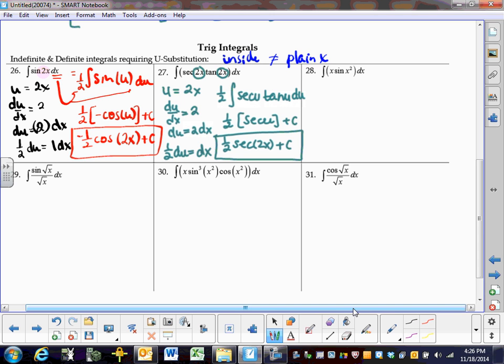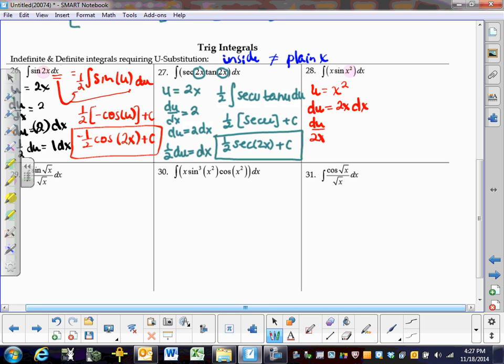So again, notice what's inside is what's composited inside of another function. And sine of x is actually holding on to that x squared. So my u is going to be x squared. Du is 2x. And I'm going to go ahead and kind of skip a step and multiply that dx up there. So that means that du over 2x is equal to 1 dx. Remember, I'm only allowed to substitute out the dx and the u.